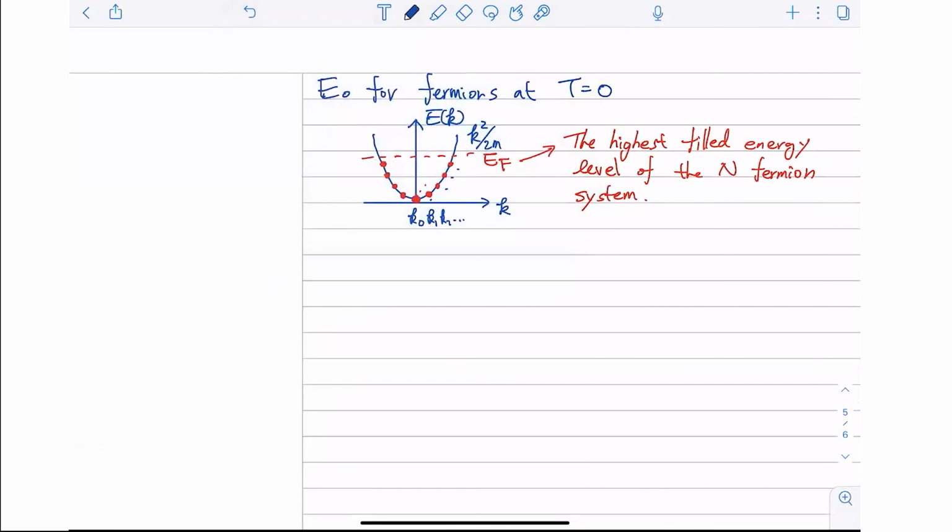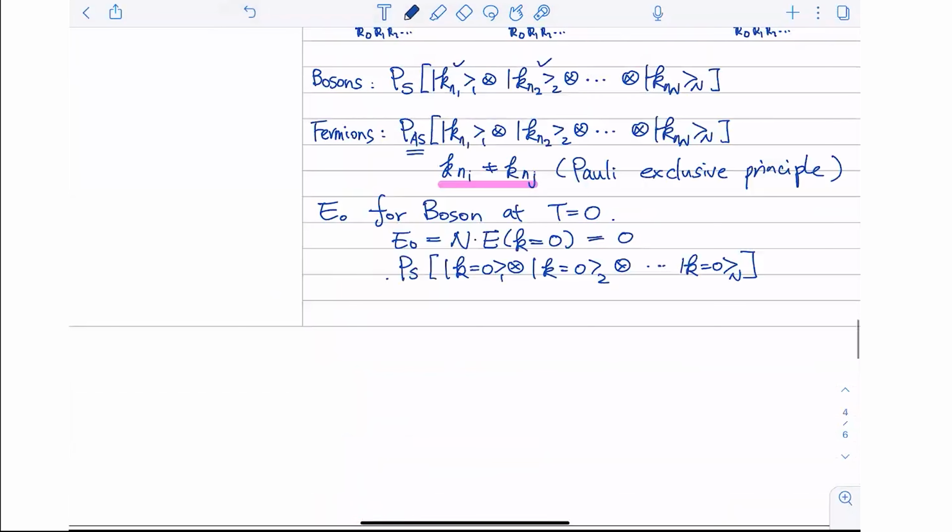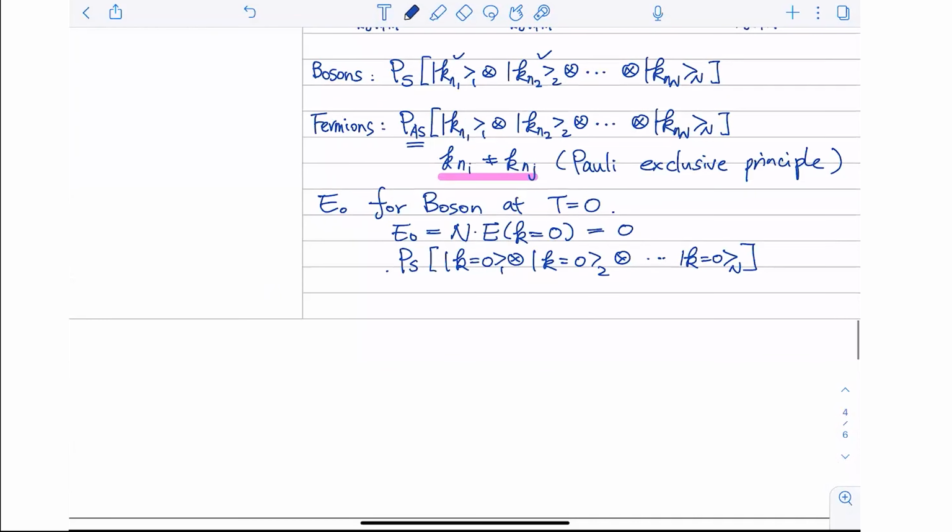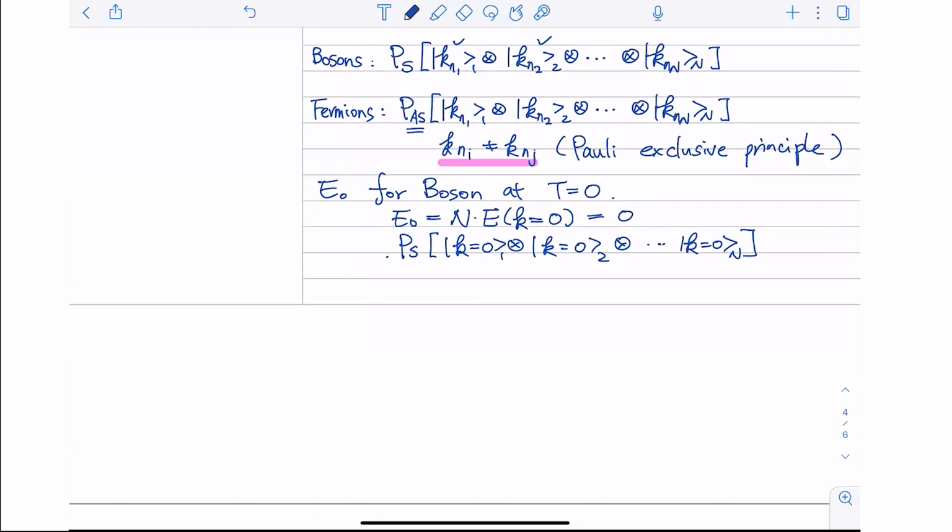So now we are going to write down the partition function.